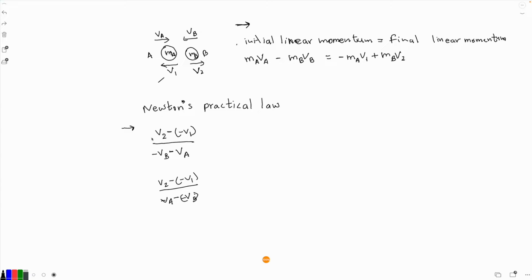It cannot happen. So if v2 is the velocity of b, then vb must also be the velocity of b. v1 is the velocity of a, so va must also be the velocity of a. Then this constant value is a negative e. The e is the coefficient of restitution.